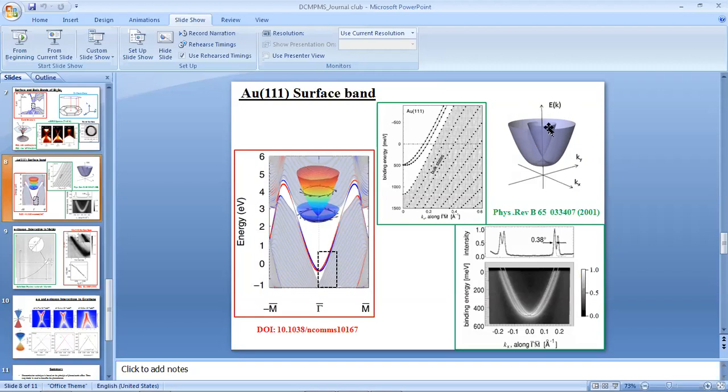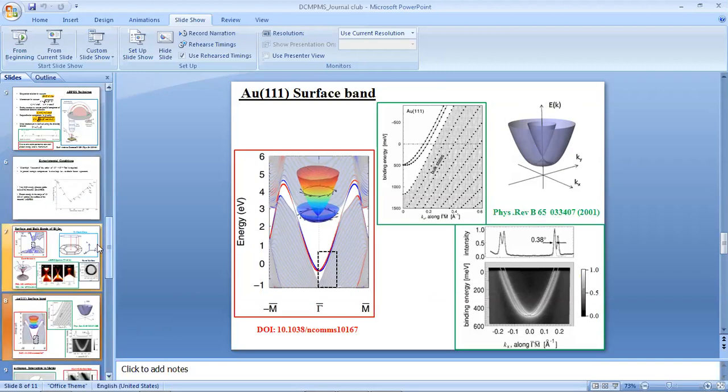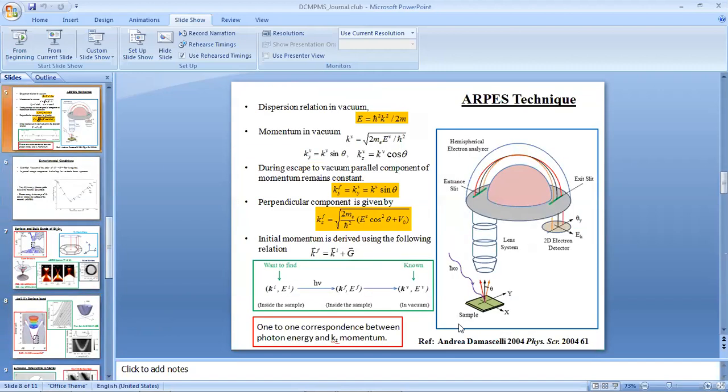But if you have to complete this 3-dimensional figure, then you have to image this sample along different directions. Earlier I said, this is one momentum axis, this is another momentum axis. First you make this y-axis parallel to the slit, and you image the momentum along this y-axis.